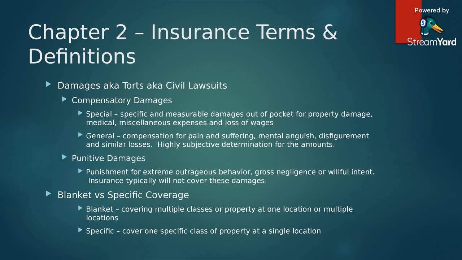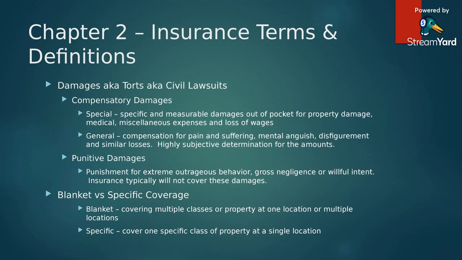Now, there's two different types of damages that would occur. There's compensatory and punitive damages. Compensatory damages are going to make whole or indemnify the aggrieved party, and there are two different types of compensatory damages. There's going to be special.